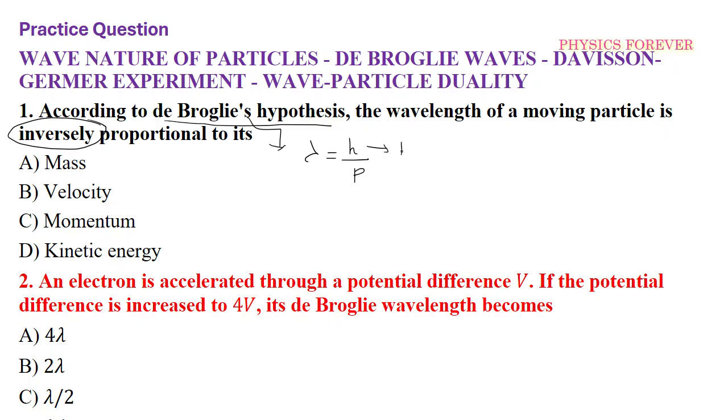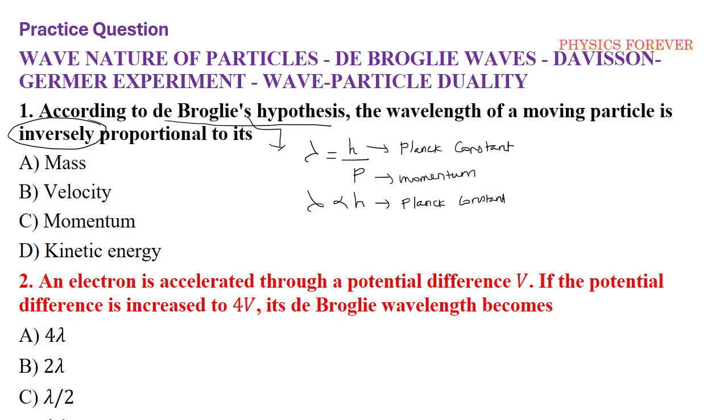Here h is the Planck's constant and p is the momentum. Lambda is directly proportional to h, the Planck's constant.